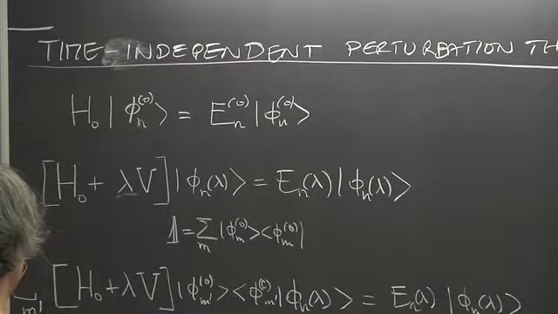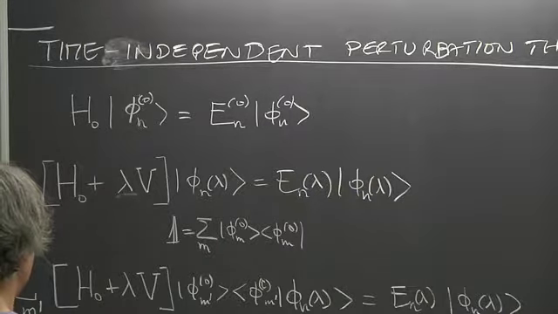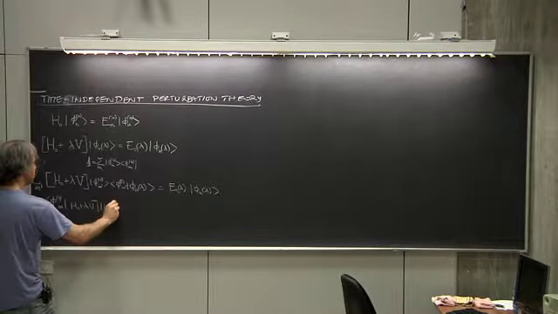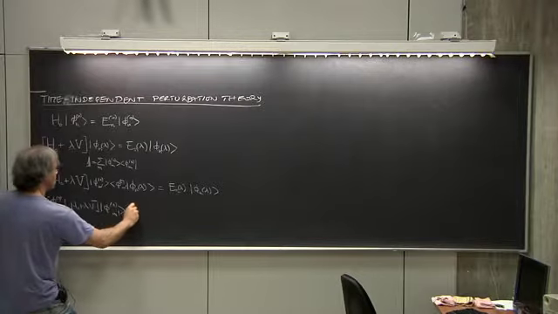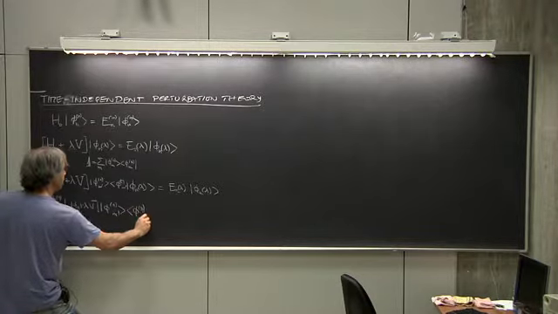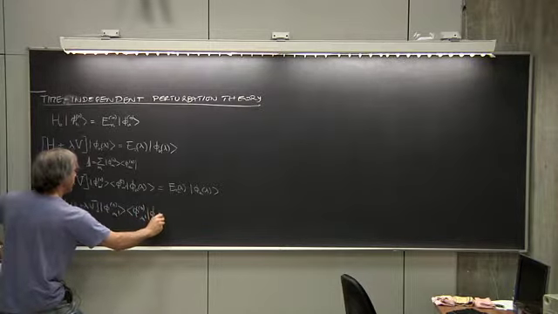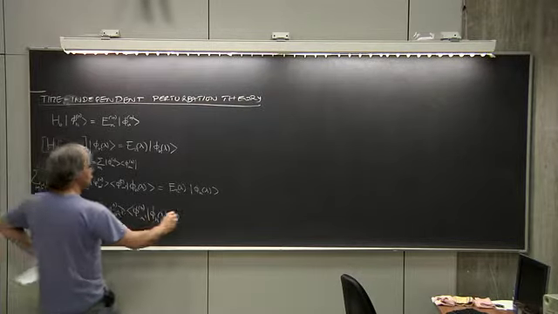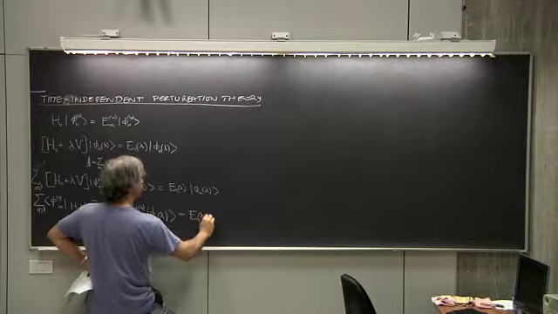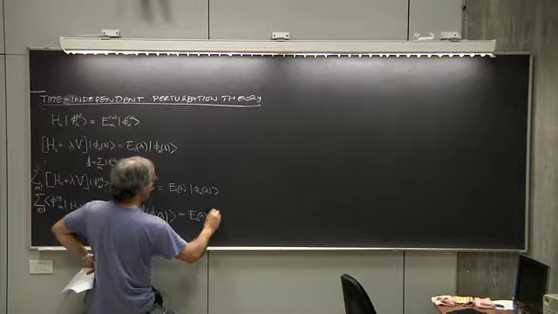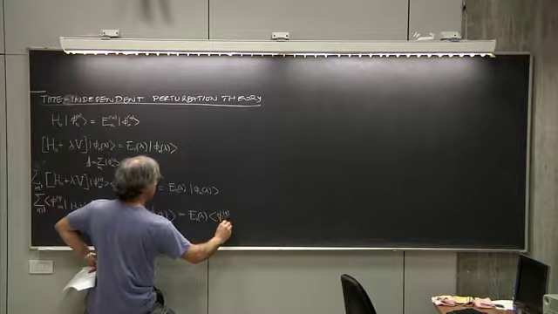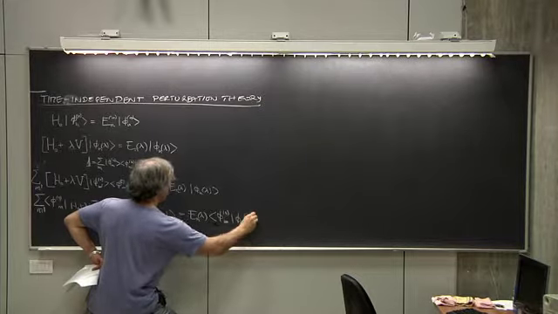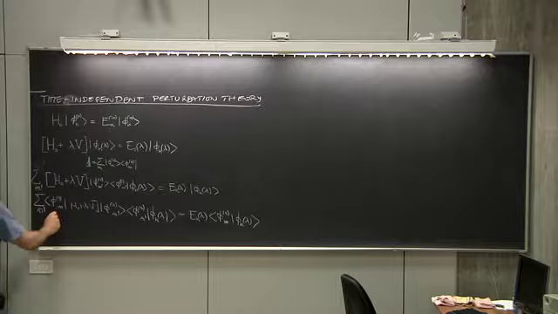And I realize that phi 0 m H0 plus lambda V phi 0 m prime, phi 0 m prime phi n lambda, summed over m prime, should be equal to E n of lambda phi 0 m phi n lambda. Now you see this is a matrix.